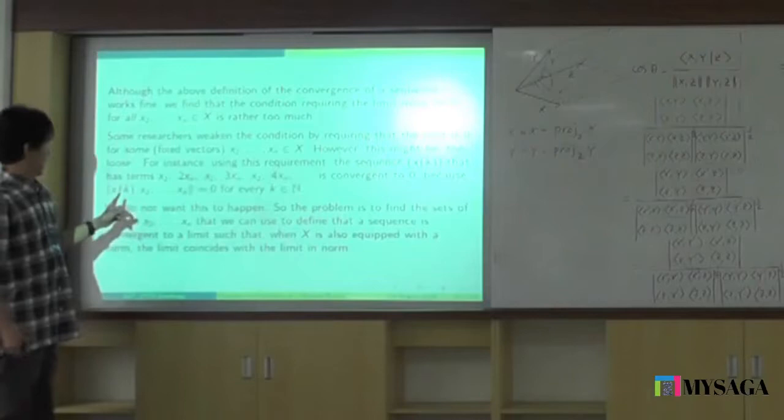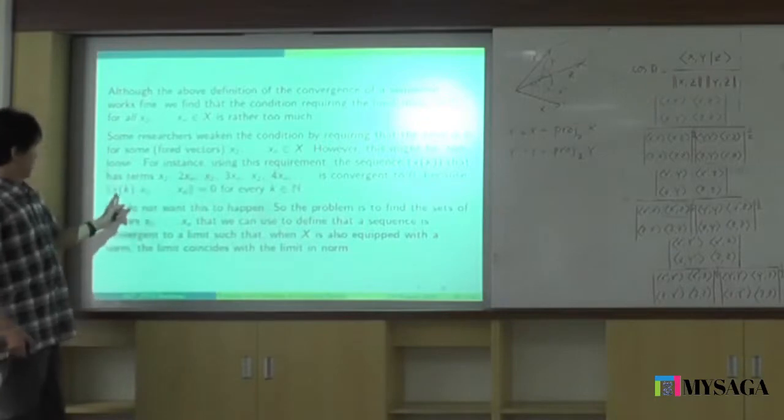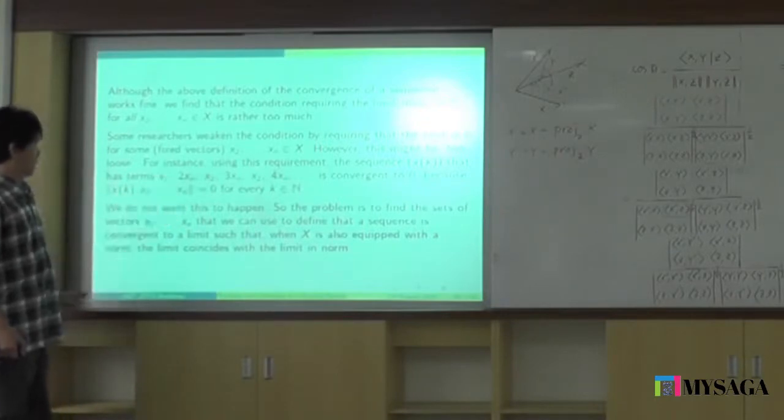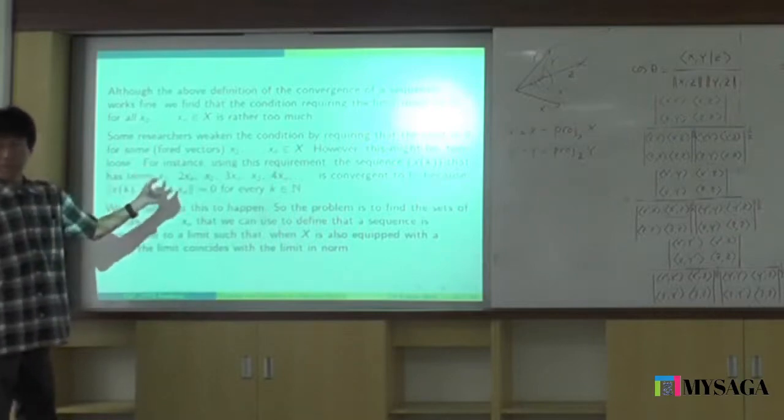So if you put x2, the subsequence with odd terms will be 0, and n is fixed.